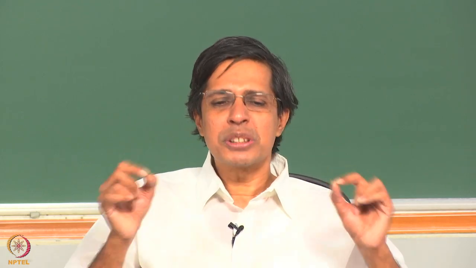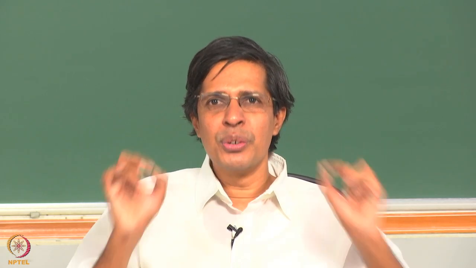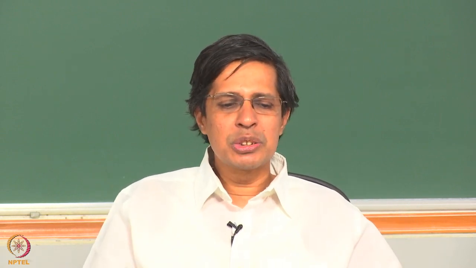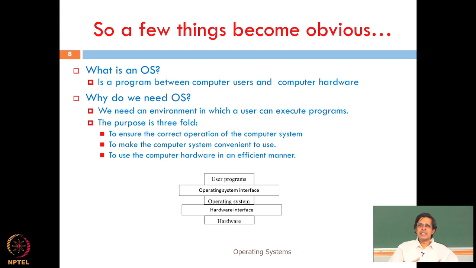One of the most important obvious uses of an operating system is to provide an abstraction, and because of this abstraction your computing becomes very convenient, right? And since the operating system is taking care of a lot of coordination, you can start using your hardware in a very efficient manner, and the operations would also be well tested by the operating system.